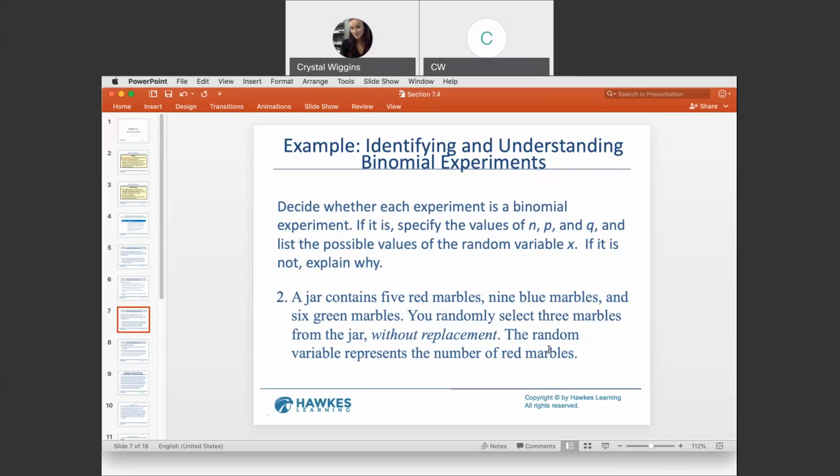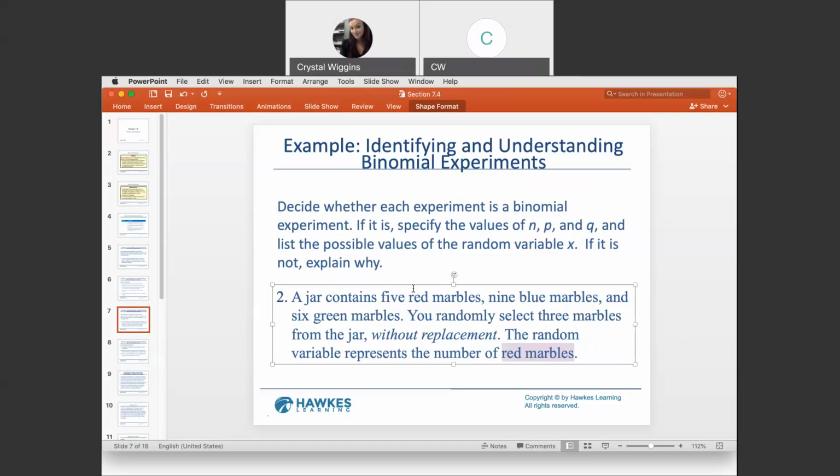It also changes the probability of success. We have a total of 20 marbles in this jar, and there's 5 of them that are red. Since we're focused on red marbles as success, that's why I'm focused on the red ones. So there's a 5 out of 20 chance of getting a red marble when selecting the first marble.